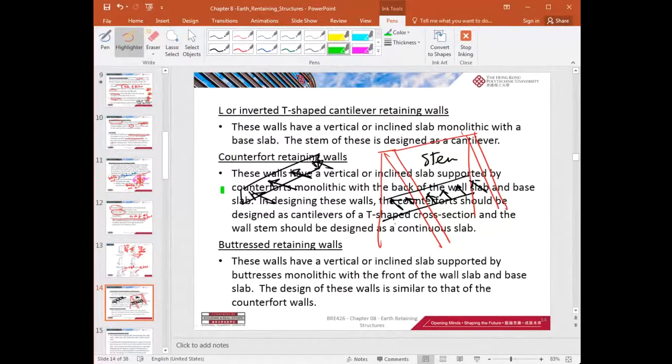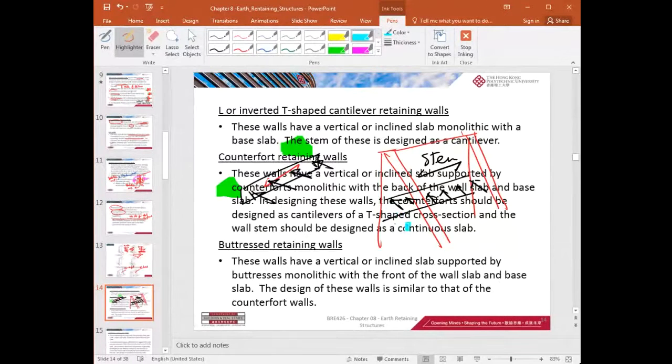So you have to provide the spanning direction, that is this, the spanning direction, right. So the wall pressure will be resisted through the slab and transferred to the counterfort. And then for this counterfort, because the force is going to move outwards, you have to resist a tension, right?